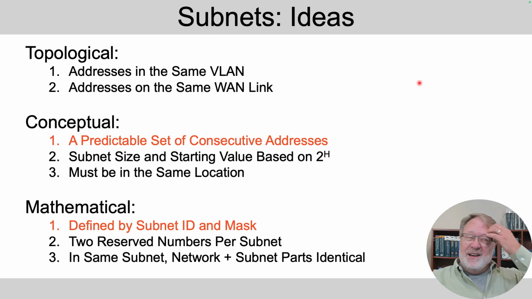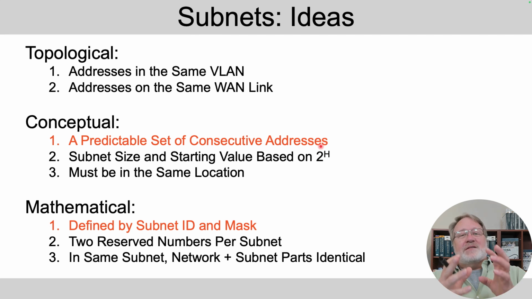Conceptually speaking, just thinking about some of the math, it's a predictable set of consecutive addresses or numbers. So kind of like street addresses are one after the other to make it easy for the delivery of mail, subnets use addresses that are near each other, mathematically speaking, to make it easier for the delivery of packets.